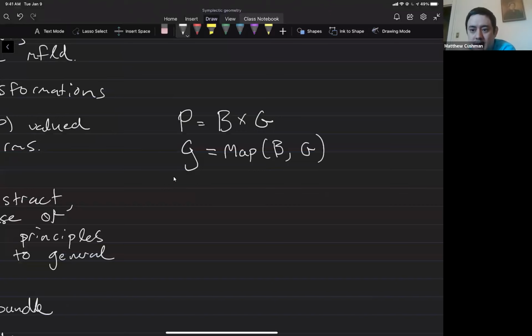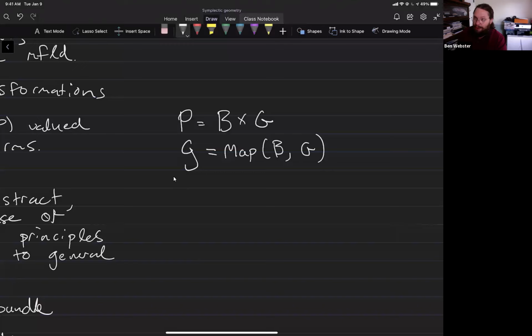Yeah, I think I'm trying to think what it would be. I think it would be a map from P to G that was equivariant for the conjugation action on G. I think that's right. You have to twist by the adjoint action.